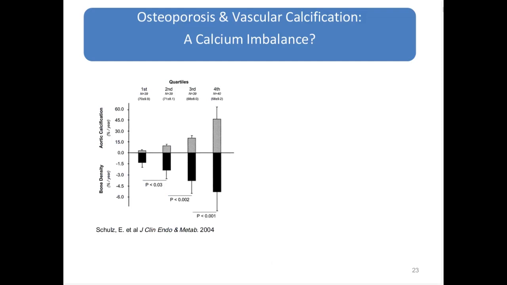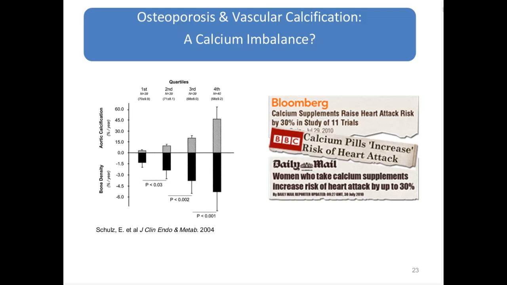And more recently, there has been a lot of controversy about calcium supplements and their risks for heart attacks and heart disease. Again, the assumption is that these calcium pills that people are taking to prevent the bone loss are somehow ending up in the arteries.